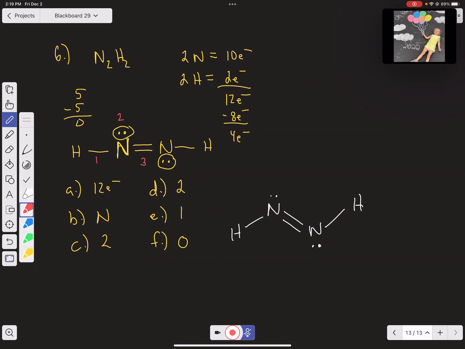Sorry, the red doesn't show up too well here. But this is a domain, the lone pair of electrons is a domain, and that double bond is a domain as well. So we've got 3 total domains because domains are regions in space.